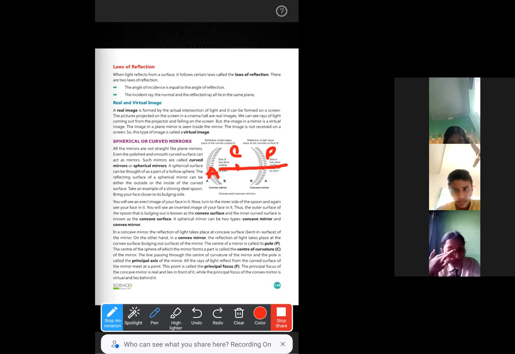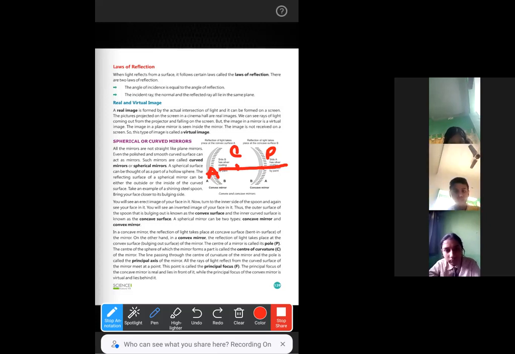Again, I'm telling you, the point present at the center of the surface or mirror is called the pole. And the point that is not present on the mirror or surface, that is far away from it, but is present on the principal axis, is called the center of curvature.